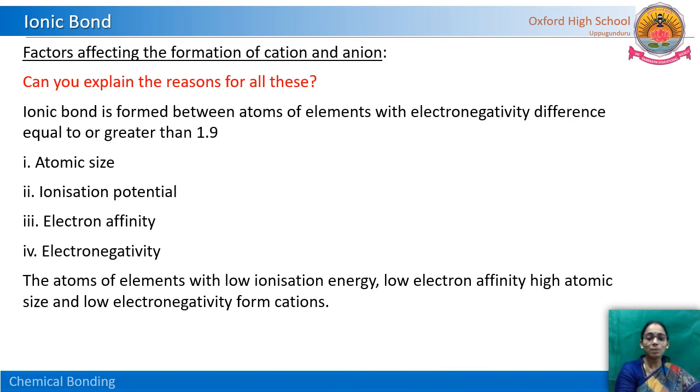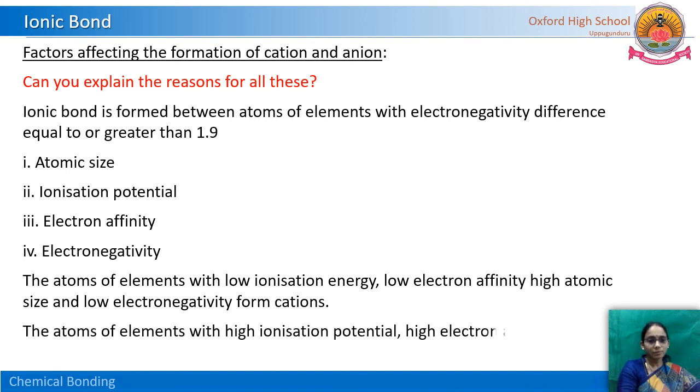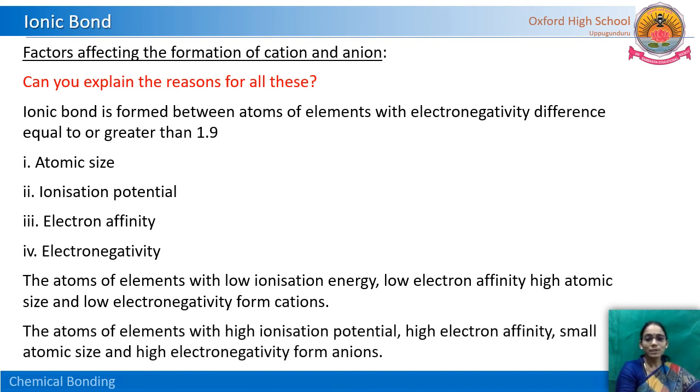Those are nothing but metals. Similarly, the atoms of elements with high ionization potential, high electron affinity and high electronegativity but smaller in size form anions. Those are nothing but non-metals.